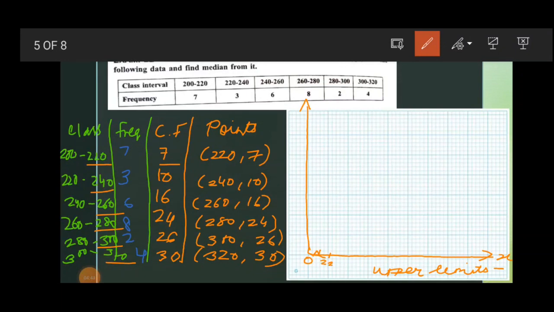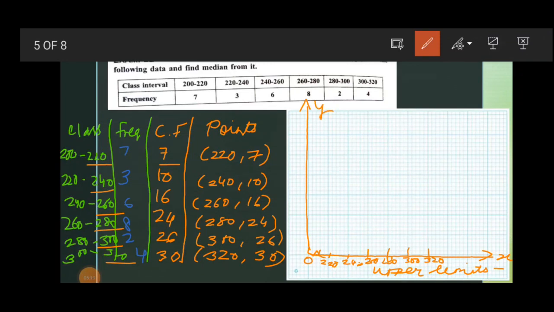Mark the points 220, 240, 260, 280, 300, 320.